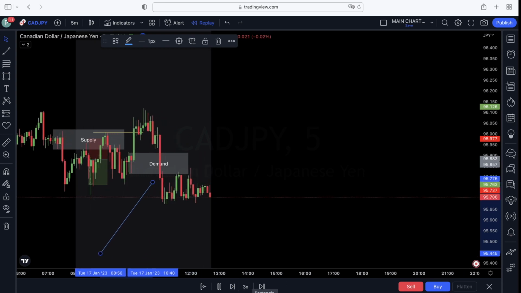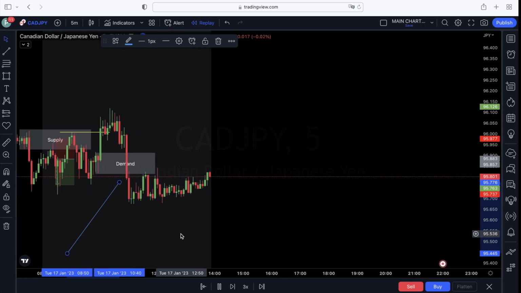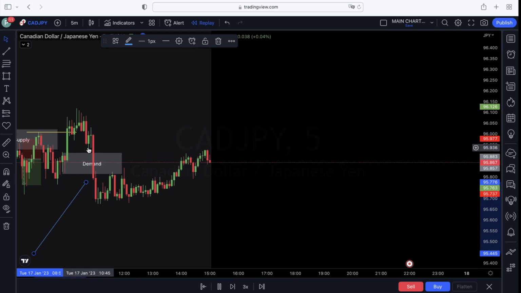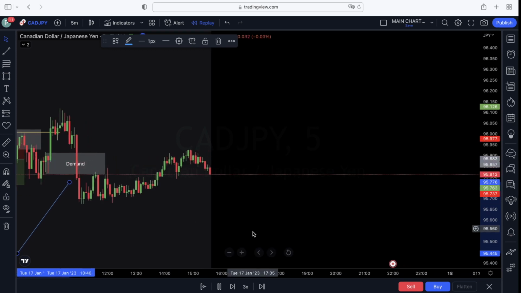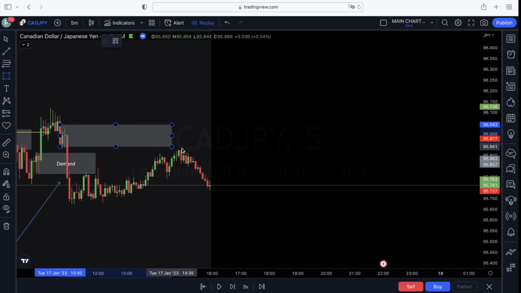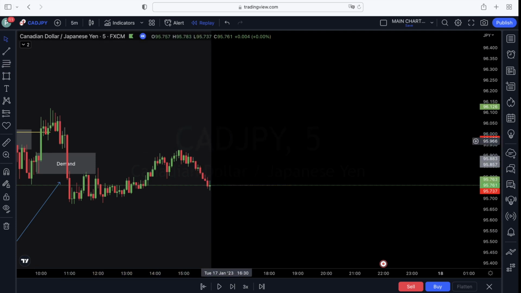Consolidating. New York session, this pair looks like it consolidates. Whoa. But we have some supply here, but I don't know. It looked like it would have gone for a W. Barely tapped it. It didn't even tap it. So let's see what happens.